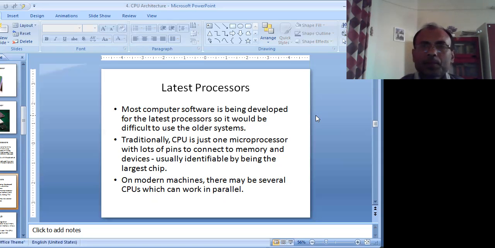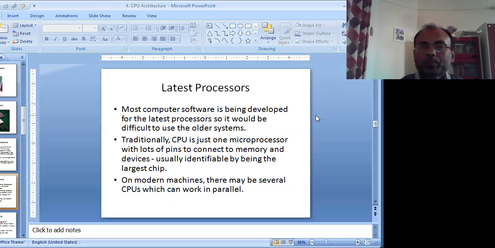But nowadays, we have logically more than one CPU inside a single microprocessor chip. So modern computers have many logical CPUs inside a single microprocessor chip.